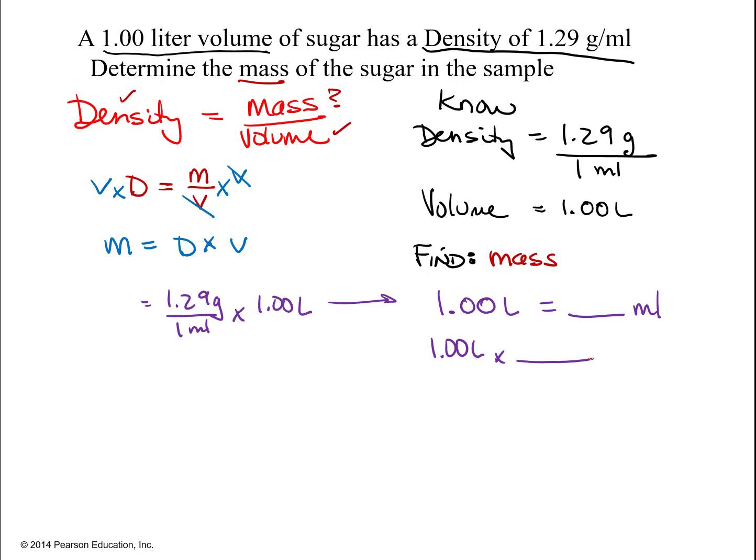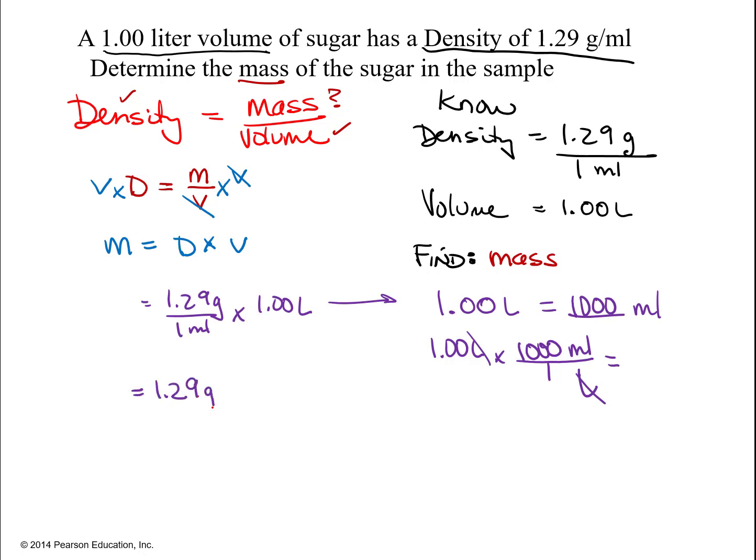So what unit did you put on the bottom? Milliliters on the top. Milli gets a 1,000. Liters gets the 1. Right, so that's going to get rid of liters. Put my answer in milliliters. So this is 1,000. So now I can substitute this in.